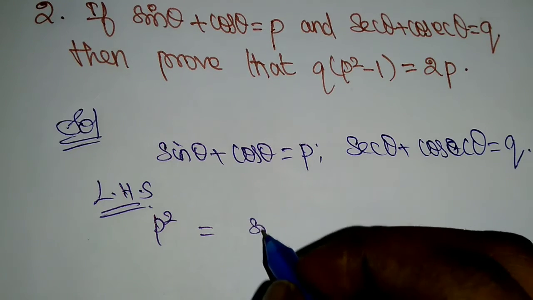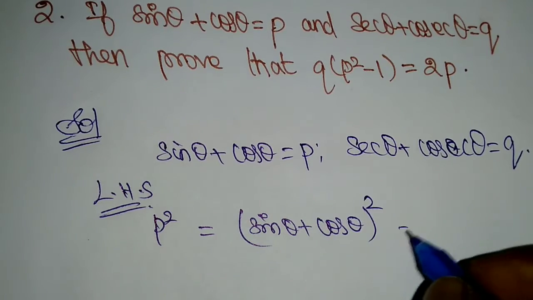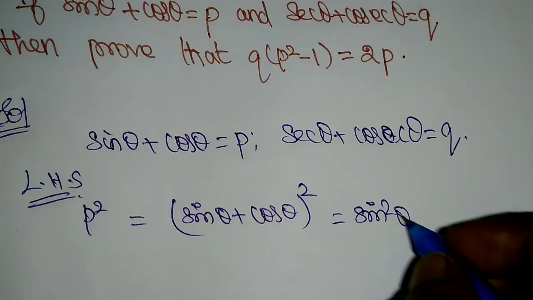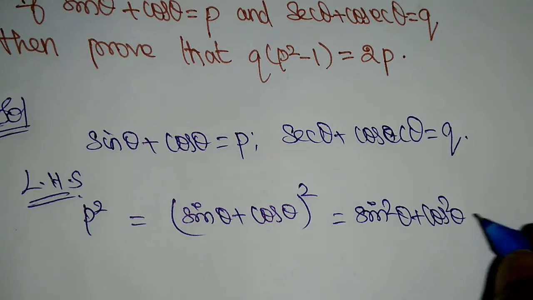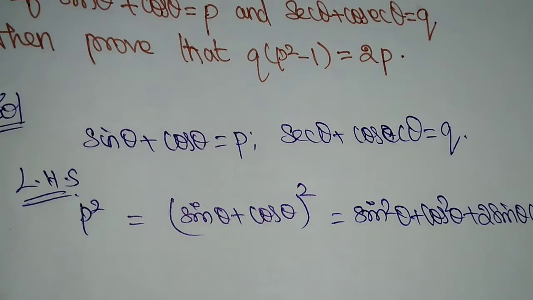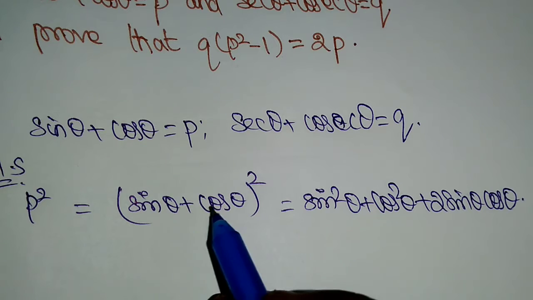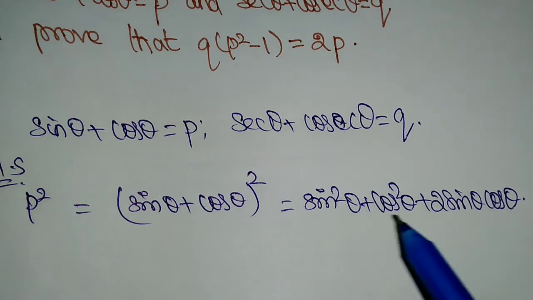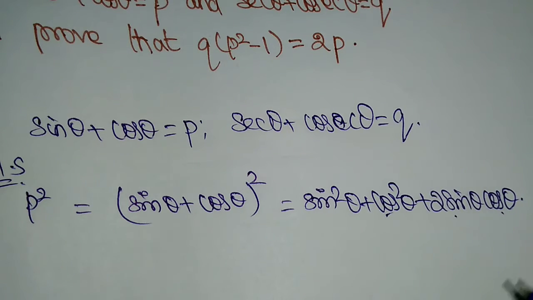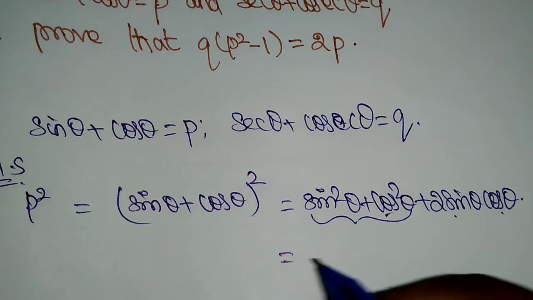So now we are going to take P square. Here P is (sin theta plus cos theta) whole square. It can be written as sin square theta plus cos square theta plus 2 into sin theta cos theta. Here sin square theta plus cos square theta becomes 1.